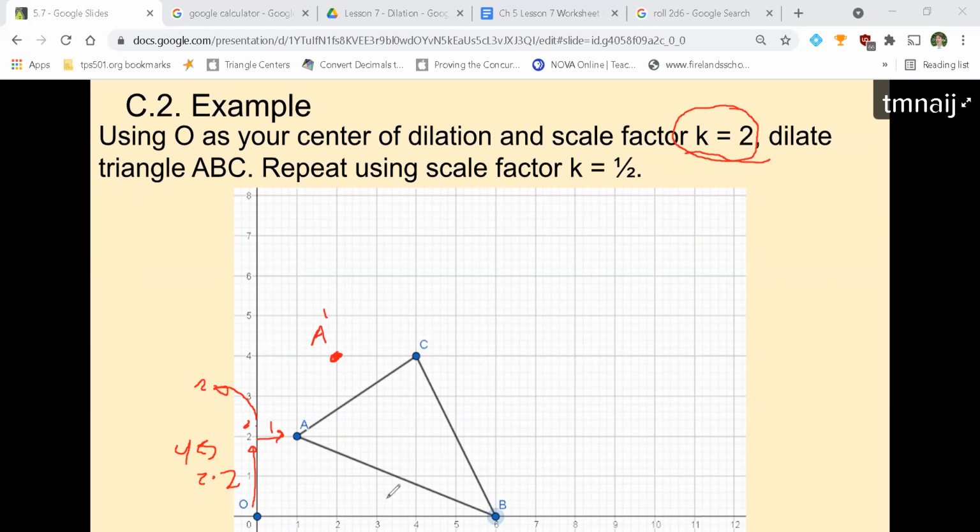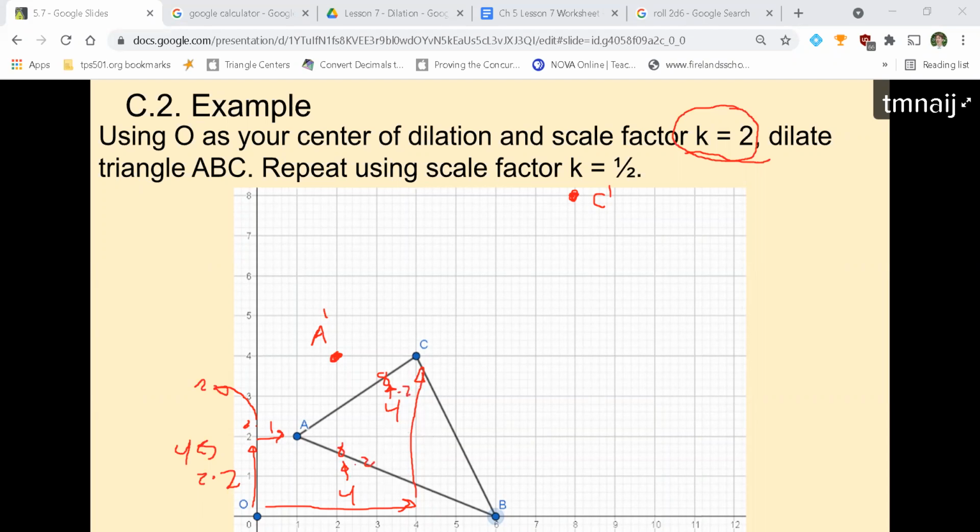For point C, C is 4 to the right and 4 up. So if you multiply both of those by 2, my new point C prime will be 8 over and 8 up. It's 8 times 2.